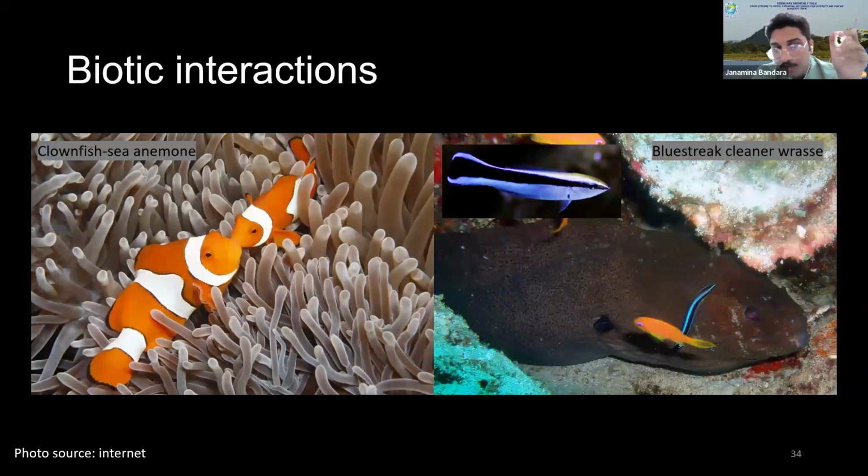On the other hand, the bigger fish benefits from getting rid of these parasites, and the cleaner wrasse benefits from having the food. So as you can see, the fish are obviously not dumb, but they have developed certain methods, mechanisms and biotic interactions which help them survive in these crucial reef ecosystems.